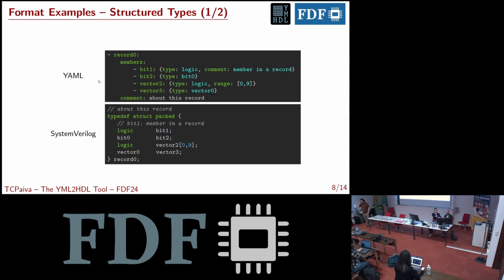And then we have structure types, which is where we start to have really good help from the tool for VHDL files. In YAML, you just say it has that structure. I'm using the name of the type as record 0, which is a VHDL-like name. You have the members of the type, and you can also add comments for each member and for the whole structure.